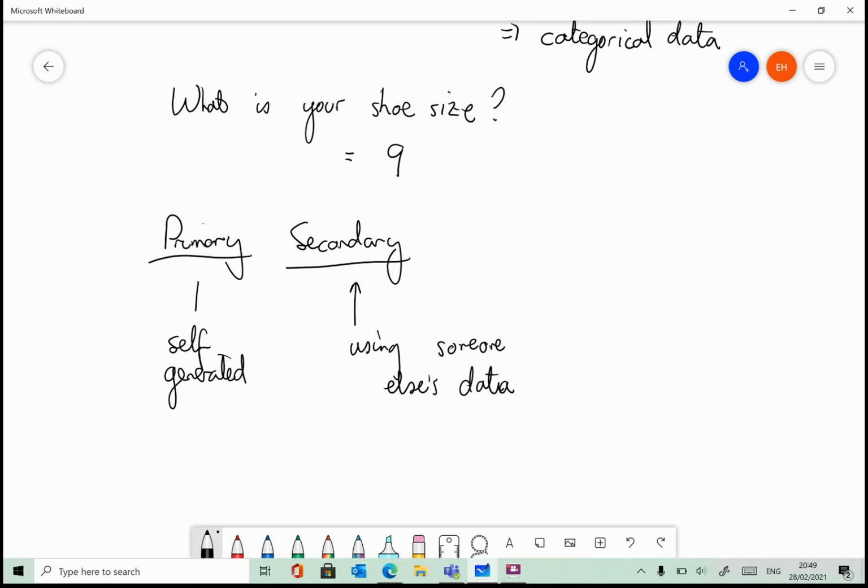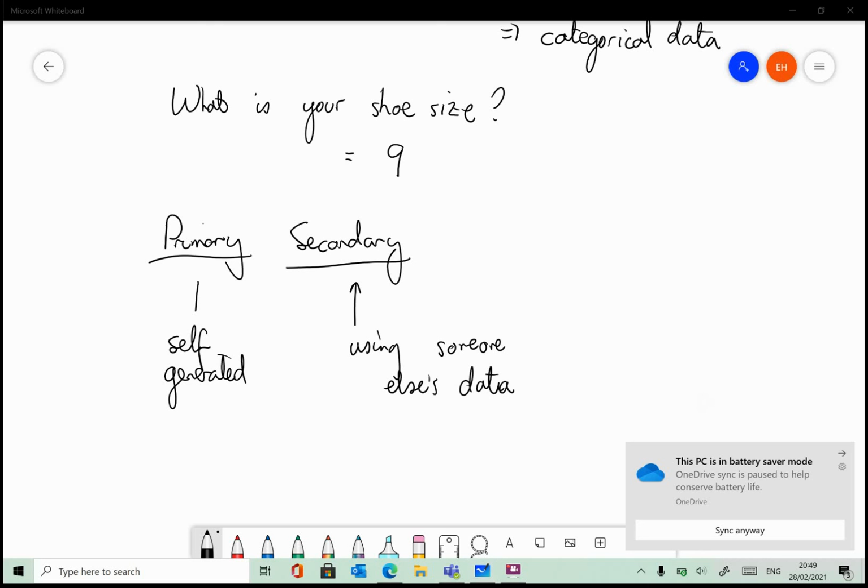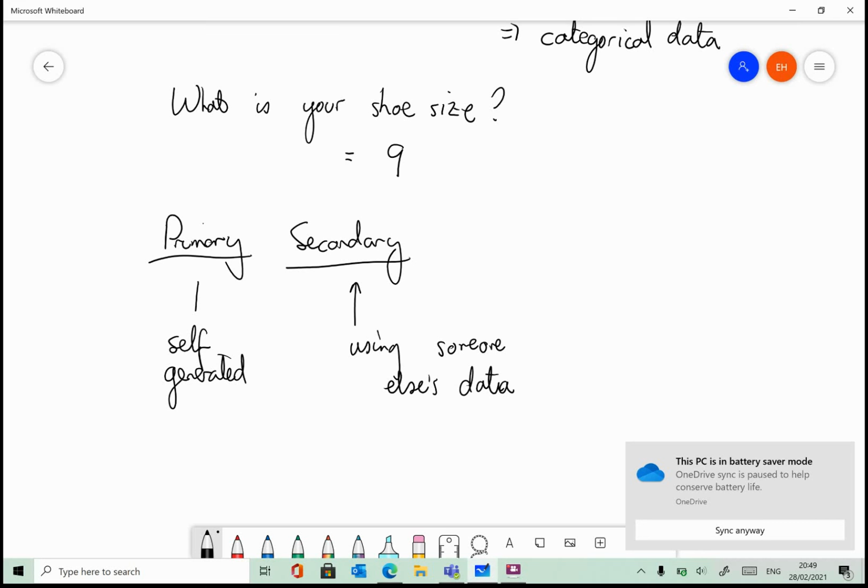And the best thing about secondary data is that sometimes you don't actually have to pay anyone to do it, because sometimes it's already done. So for example, if I wanted to know the most common color of car in Ireland, rather than me having to go out and count all the colors of cars, the government already have that information available to me.